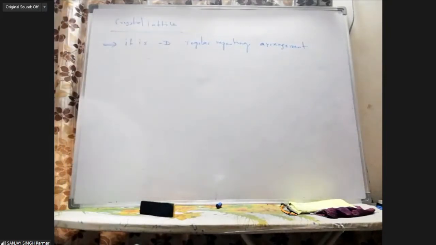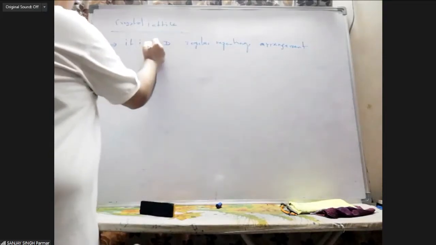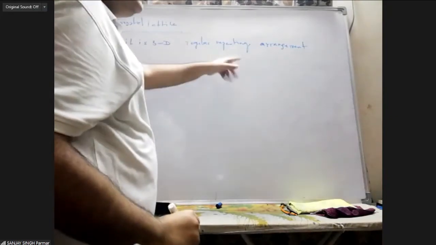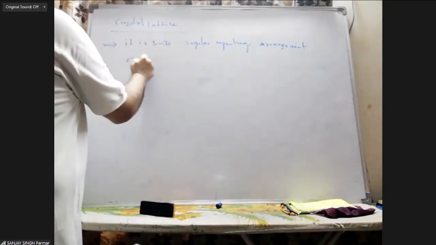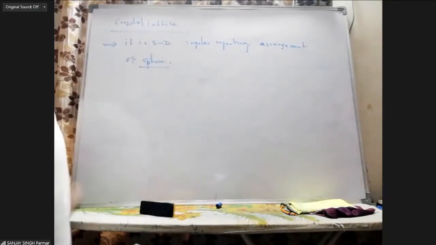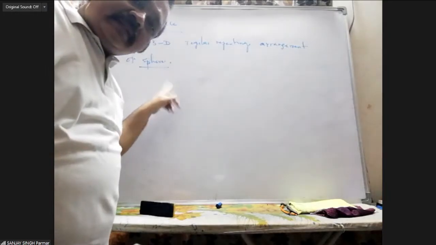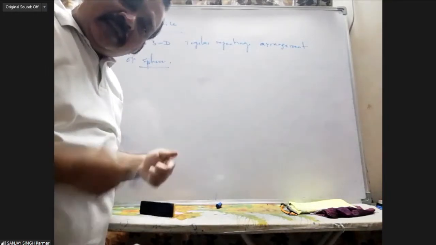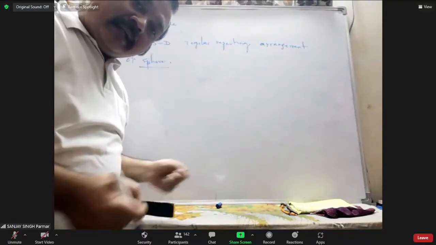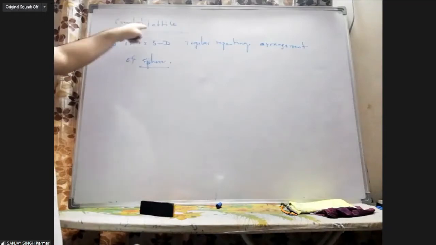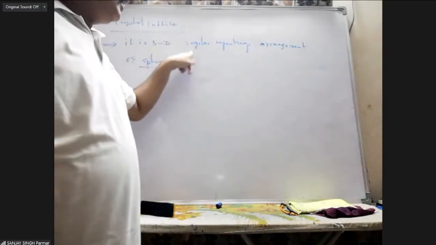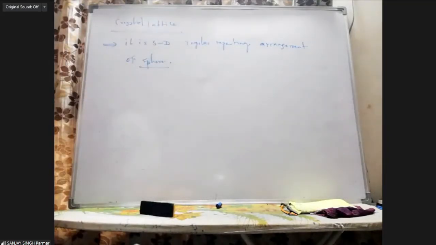The crystal lattice is a three-dimensional regular repeating arrangement. Be very careful. When the space lattice is repeated in three dimensions in a regular and repeating fashion, we get the crystal lattice. So what is a crystal lattice? It is a 3D regular repeating arrangement of the sphere.